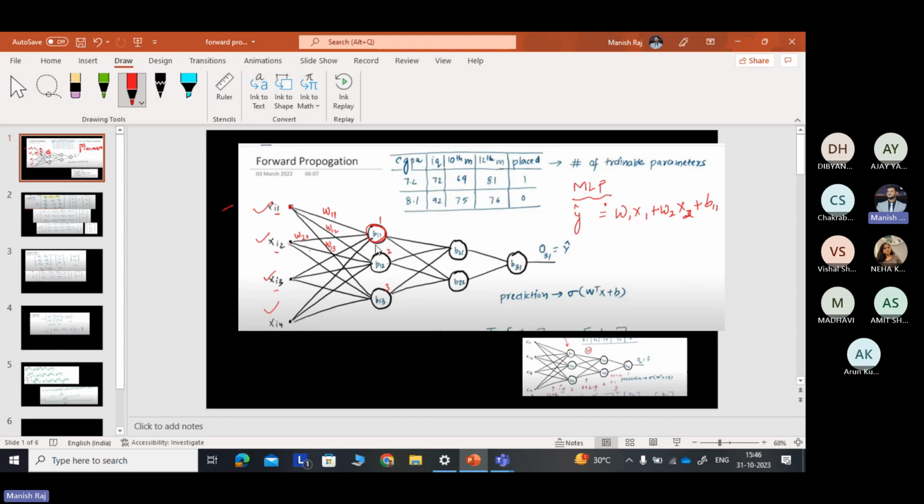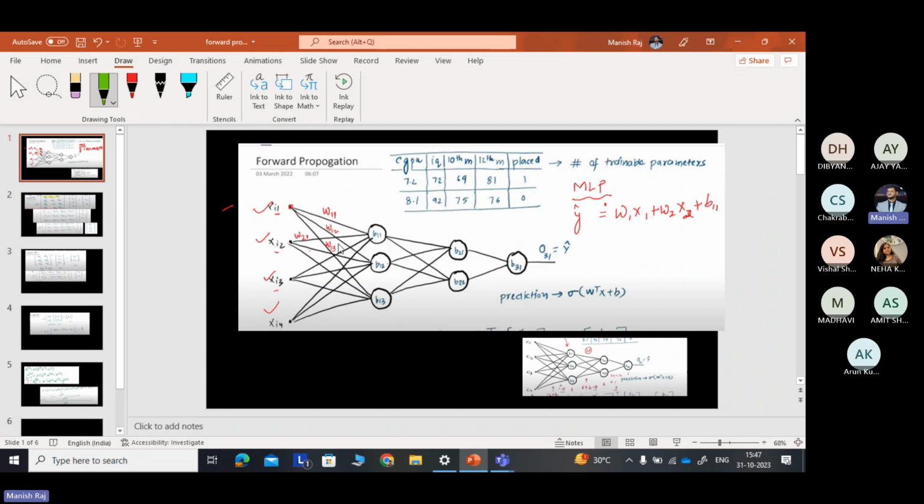Whatever you write in the circle is the bias. This is the bias, this is the bias. I am representing it outside; I can put it like this also, B11, but I am putting the bias only in the circle. Is everyone okay with this part? Yes or no? Okay, I am continuing.